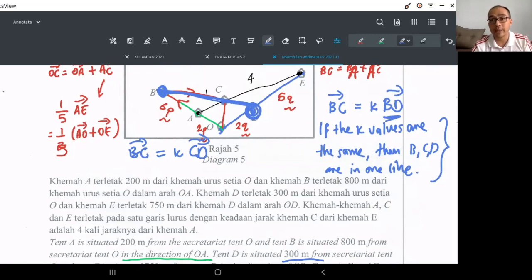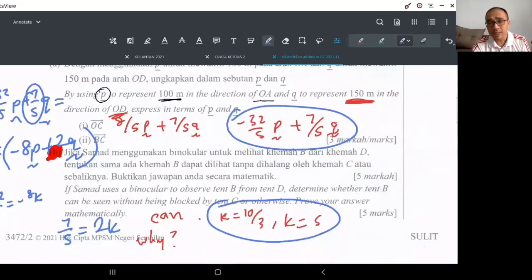It's not in one line. If it is in one line, the values of K will be the same, which means you will be blocked. So B is a very good question. Actually, it is a really good question.